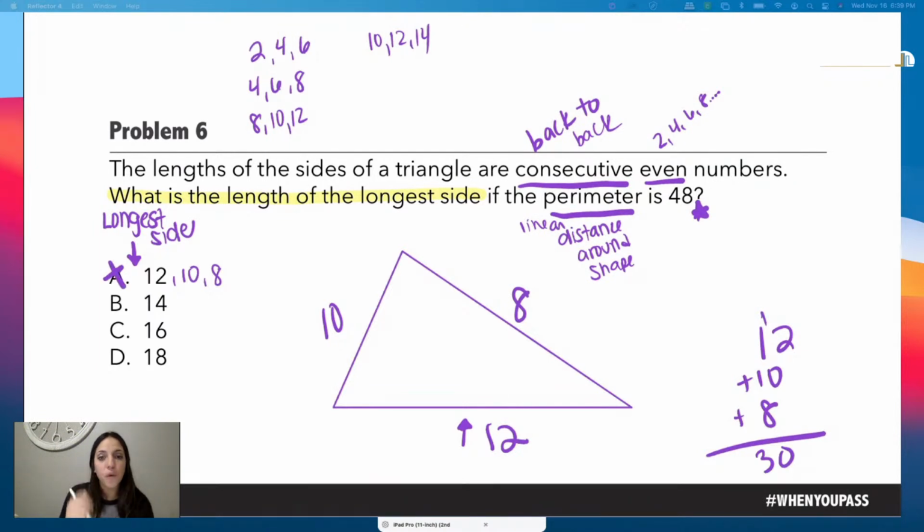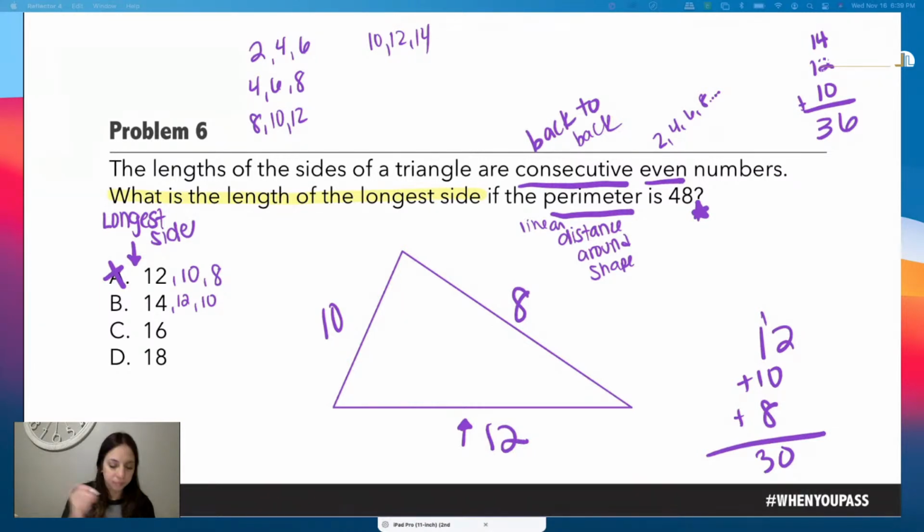14. If 14 is the longest side, then it's 14, 12, 10. What's 14 plus 12 plus 10? 36. Is that our answer?